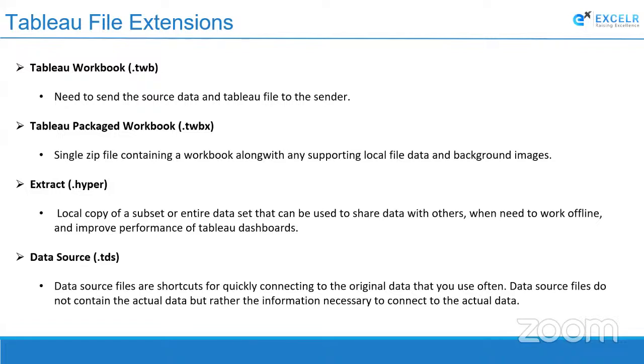The last one is the .tds file. TDS stands for Tableau data source. This is a data source file, a shortcut for quickly connecting to original data that is often used. Data source files do not contain the actual data, rather they contain the information necessary to connect to the data. For example, the data lies on my OneDrive. When I share the TDS, the TDS doesn't carry the data.